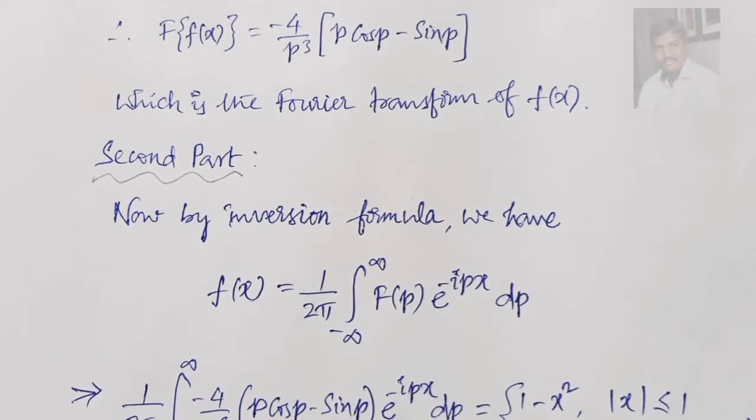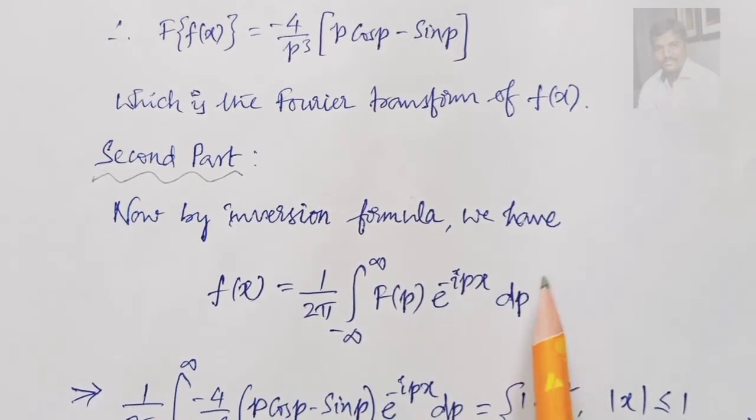In the evaluation of such integrals in this type of problem, remember we have to use the inverse Fourier transform formula. Now by the inversion formula, we have f of x equal to 1 by 2 pi integral from minus infinity to infinity of capital F of p into e power minus ipx dp. This is the inversion formula we have.